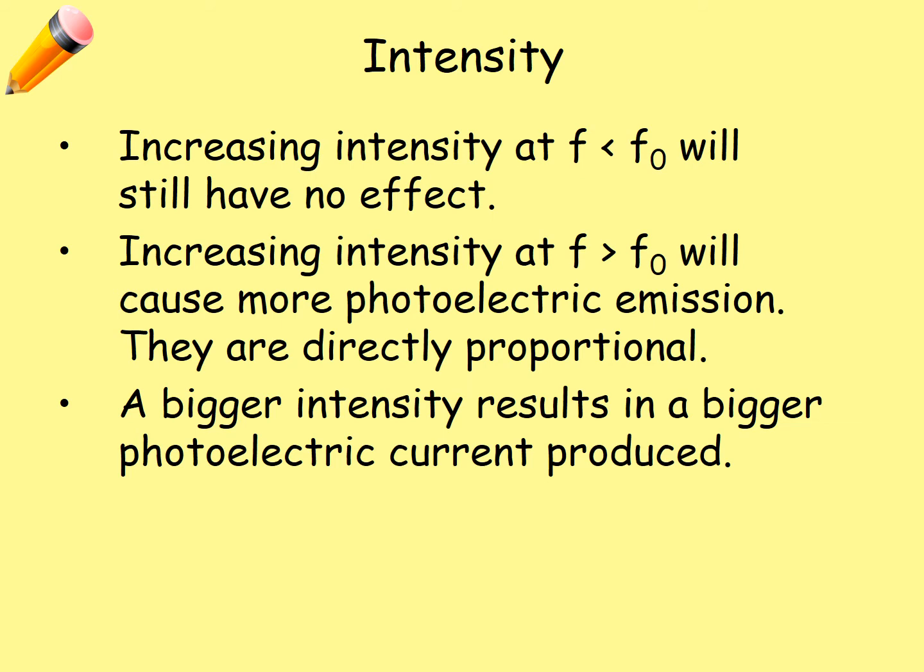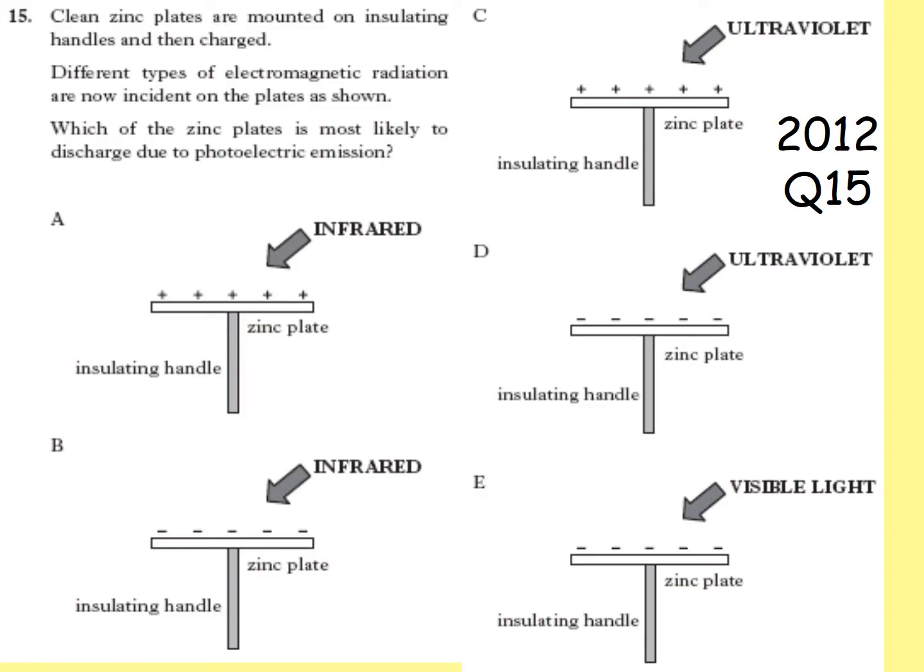So let's have a look at a question on the next slide. Here we have a question from the 2012 paper, question 15. We have a clean zinc plate mounted on insulating handles and charged. Different types of electromagnetic radiation are now incident on the plates as shown.